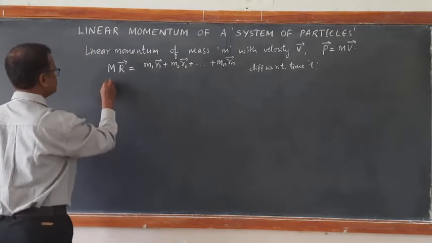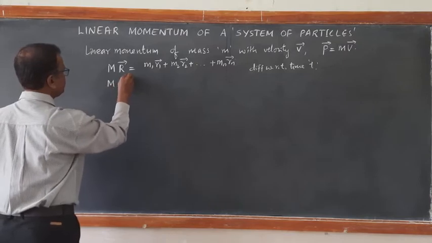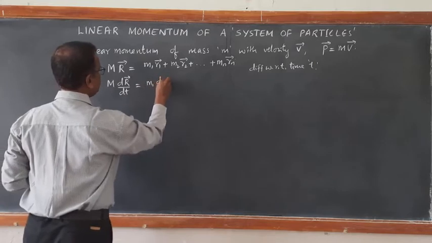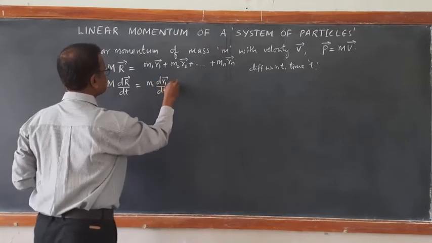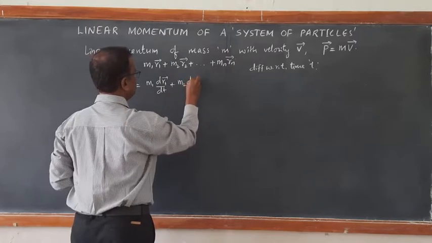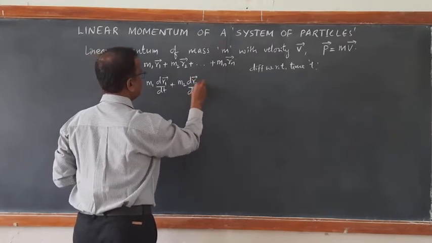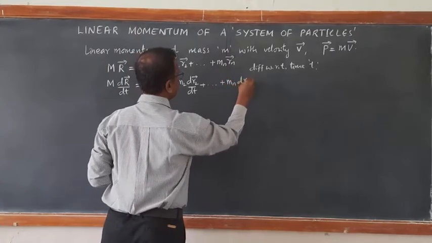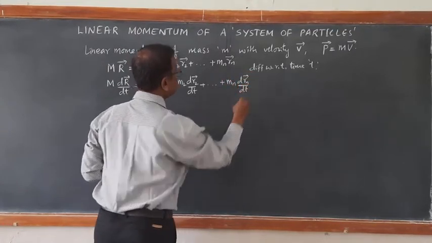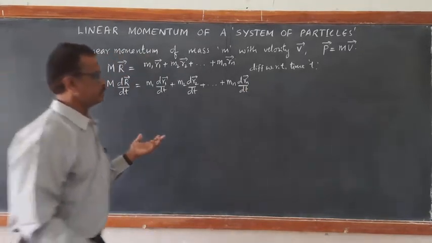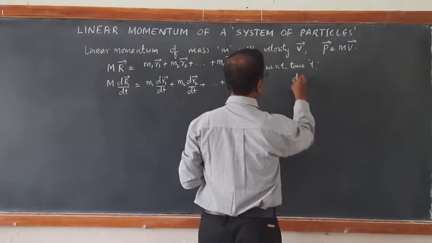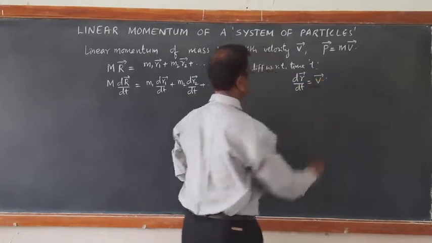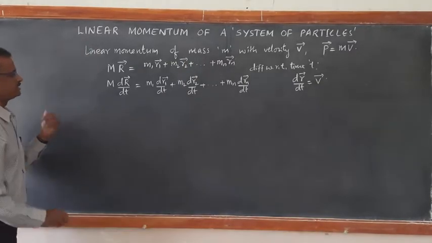So if you differentiate, we get m dr by dt equal to m1 dr1 by dt plus m2 dr2 by dt and so on, up to mn drn by dt. We know that dr by dt is equal to the velocity vector. We already did this yesterday; I am just repeating the same thing.